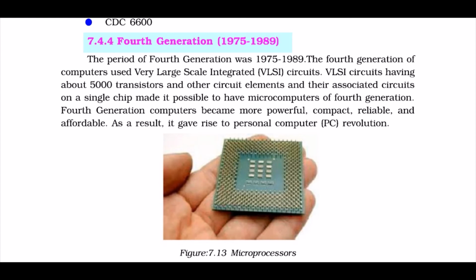VLSI circuits had about 5,000 transistors and other circuit elements and their associated circuits on a single chip. That is why they made a difference. They made possible really small, compact computers, or personal computers. It was a revolution.